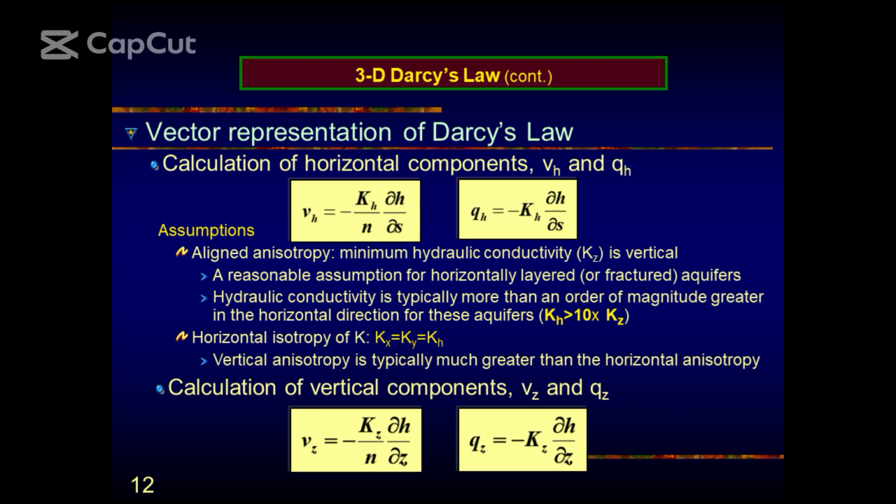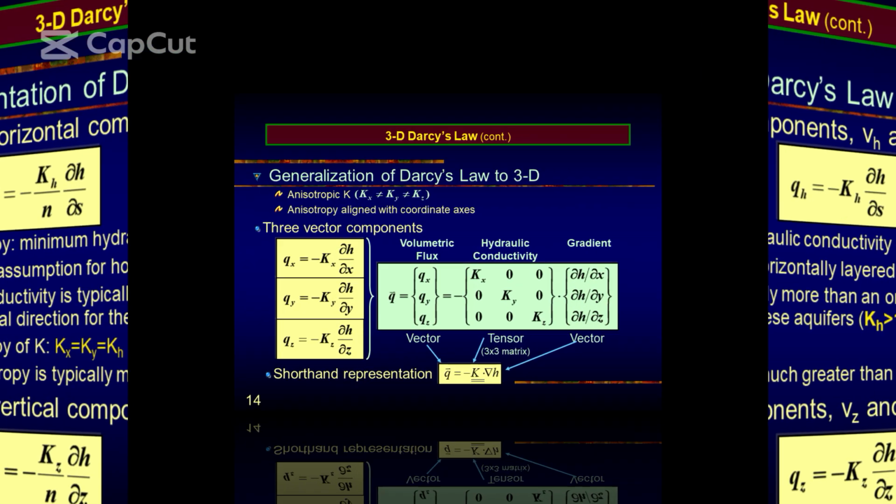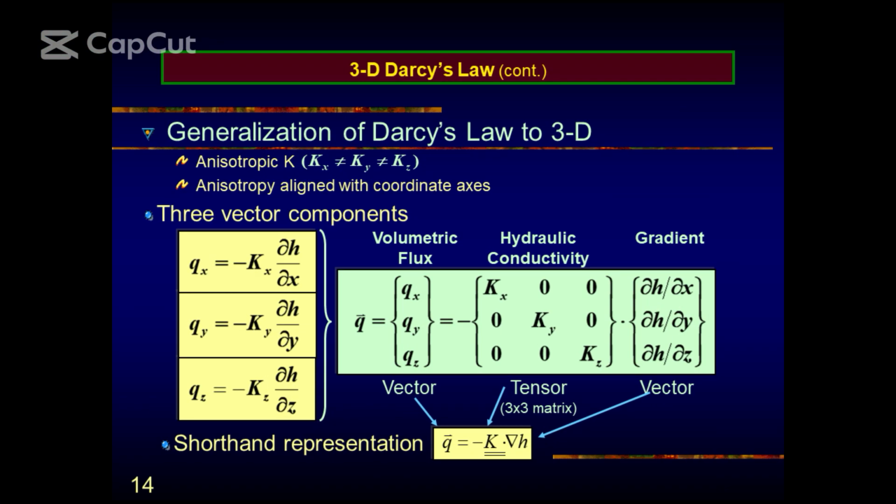We just use a single average deterministic value for porosity. But for hydraulic conductivity, the horizontal hydraulic conductivity is somehow different from the vertical one. For that reason, we don't usually ignore that difference in the components.